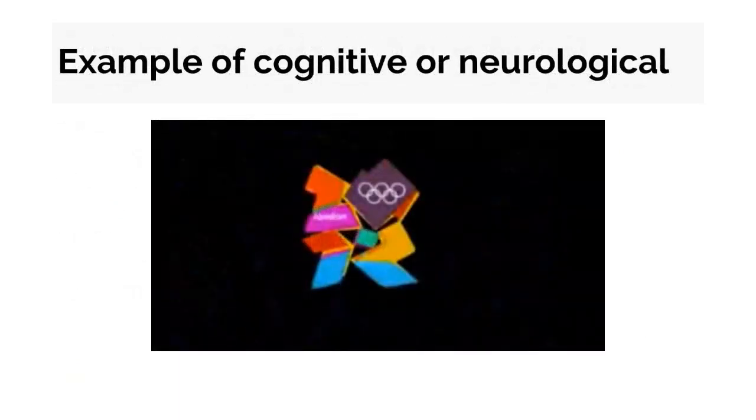This is a bad example of accessibility, and it impacts people with cognitive or neurological disorder. It's the example of the London 2012 Olympic campaign advertisement. It's a video available on YouTube. I'm not going to play it right now. The video contained lots of fast movements or flashing animations, which may cause epileptic seizures in people who are sensitive.